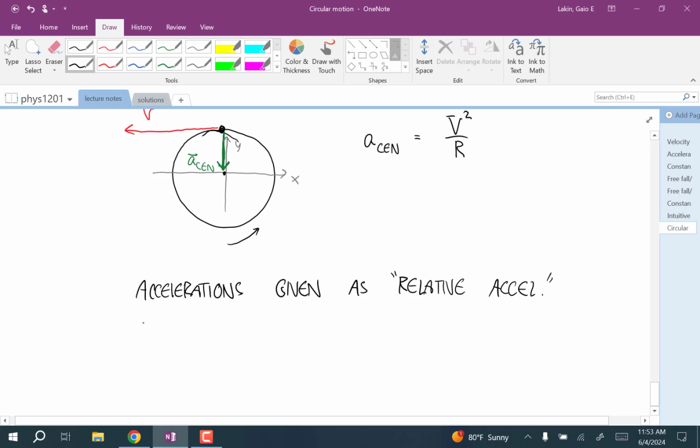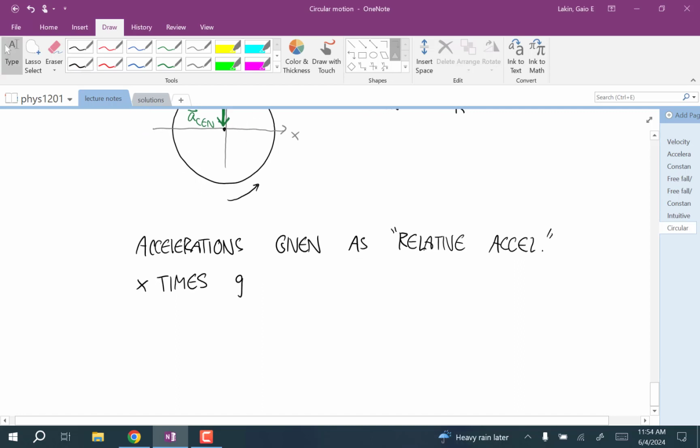And that is the number of times the g acceleration you have. And, you know, the g is 9.8 meters per second squared.